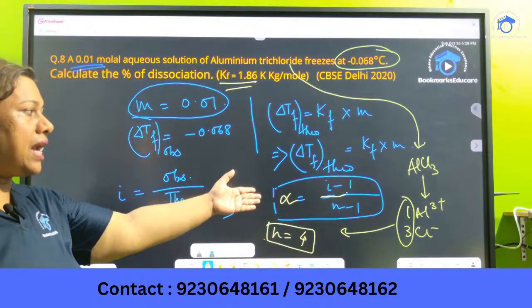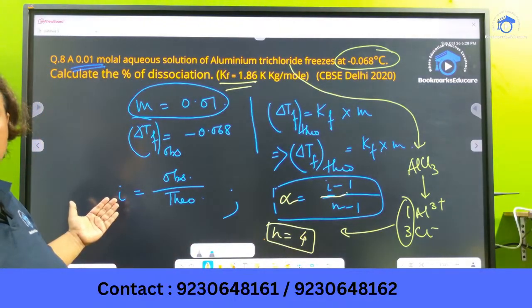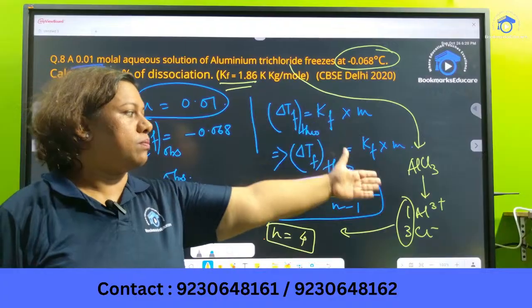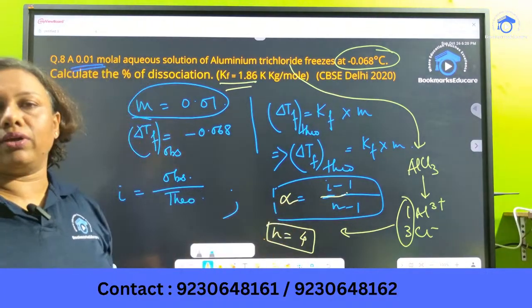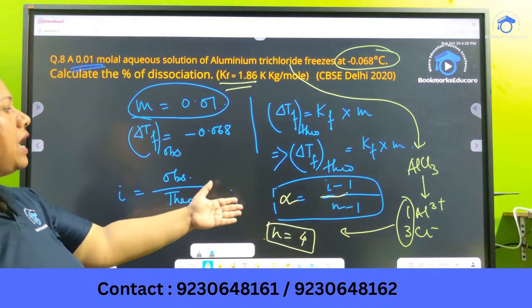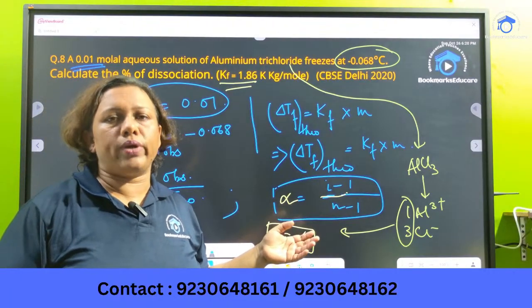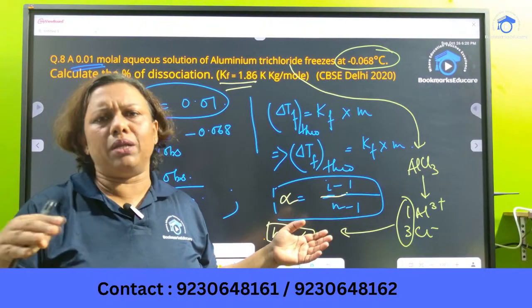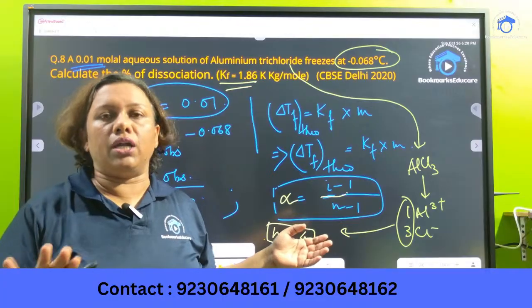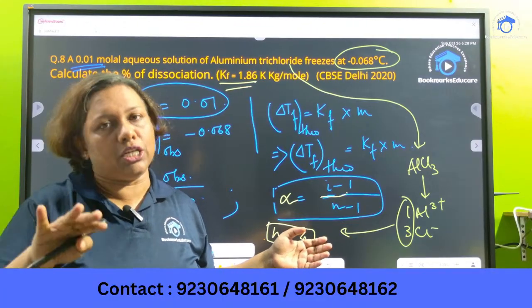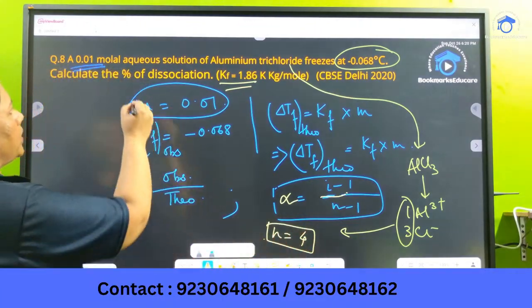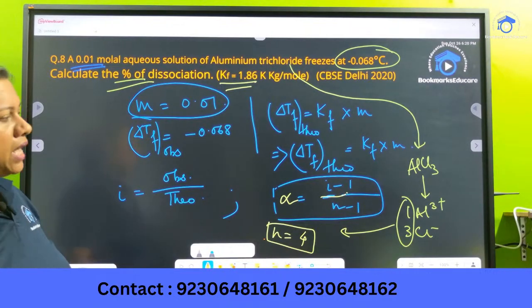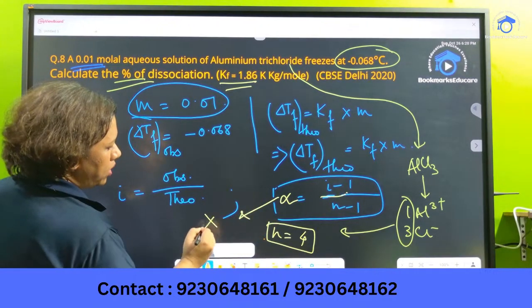And from the formula, i as observed by theoretical, and n from this calculation, you can easily calculate the degree of dissociation. If it comes out as 0.28 or 0.34, multiply it with 100, because the question is in percent dissociation.